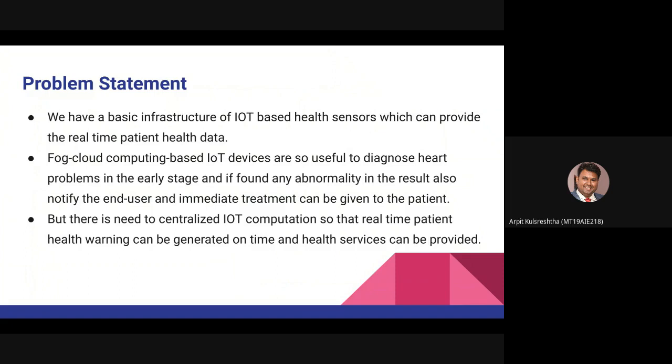As soon as a panic attack happens and the data changes, the computation needs to happen, it needs to trigger the cloud, AWS IoT cloud, and whoever needs to be informed should be informed. This paper is trying to solve this problem.